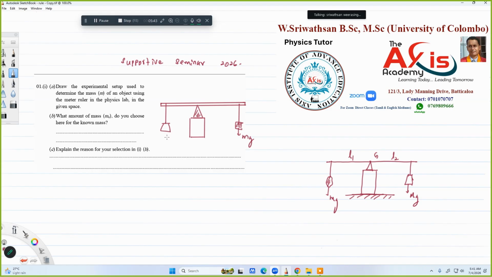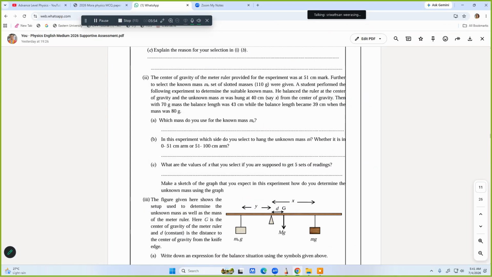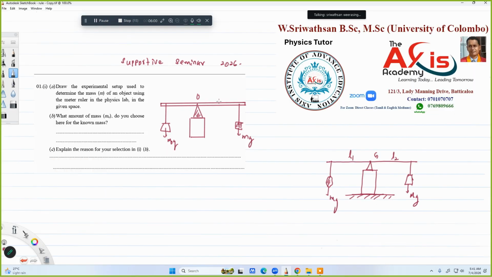This is M naught. And from the pivot, the help is there. Just look and draw. This is Y and this is G. So we can mark these lengths as X and Y.